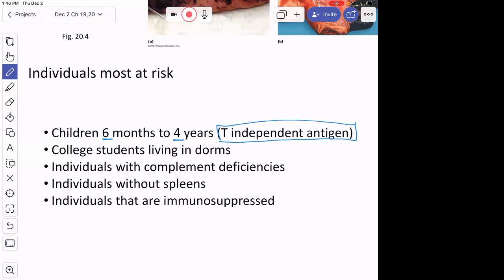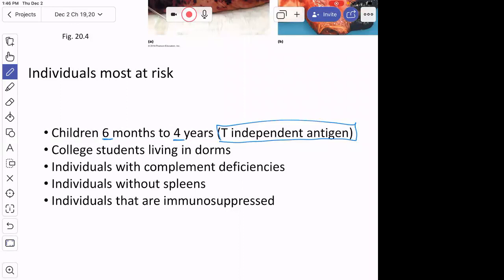It's the capsule of this organism, and remember, our B cells don't need T cell help in order to be activated, but it's not a great response. Because young children's B cells are immature, they don't have a very good response. So that's why young children are particularly at risk. Unfortunately, our vaccine doesn't work in young children either, because again, we just can't get them to make this kind of response.